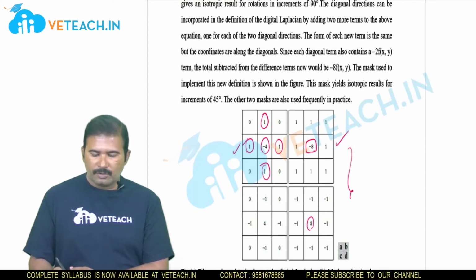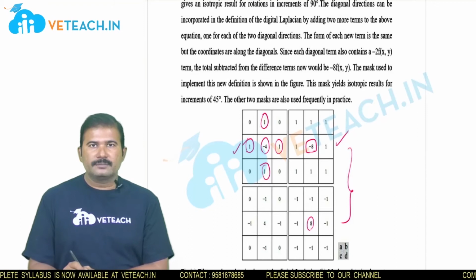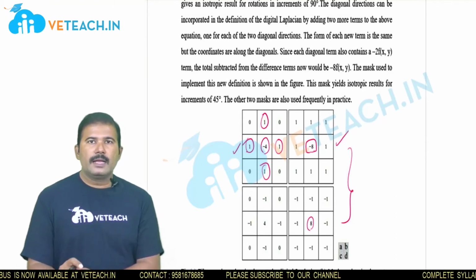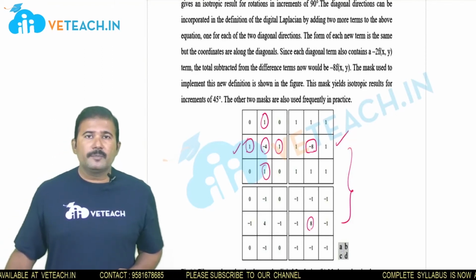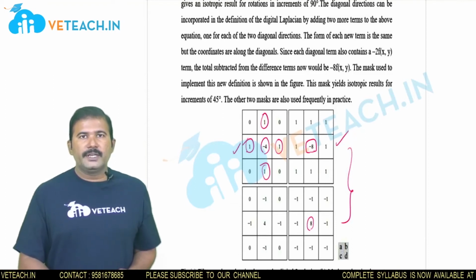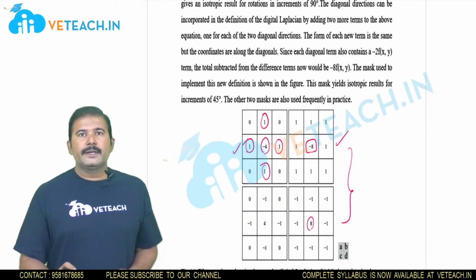If you observe all 4 coefficient sets, in these sharpening filters the sum of all the coefficients must be equal to 0. As we observed, if a uniform gray level region is there, the value should be 0. Whether it is a first order or second order derivative, it results in a 0 value.